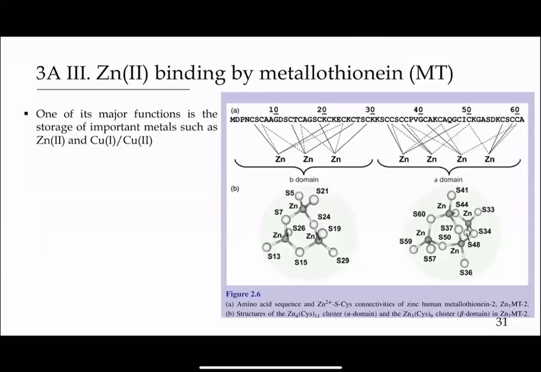So let's look at this perspective here. This particular family of proteins will coordinate zinc 2+ and also provide coordination for copper 1 and copper 2. To the right, we're looking at a picture that displays where those cysteines are located.